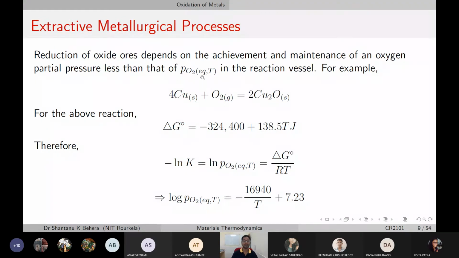At a particular temperature, there is a specific oxygen partial pressure, which is the neutral point, above which oxidation would be favored, in the sense that del G for the reaction becomes negative, and below that oxygen partial pressure, the metal formation will be favored. So the objective of a reduction process from ores is to keep the oxygen partial pressure always slightly lower than the equilibrium, so that the process can be continuous and you will continually form the metal, right?